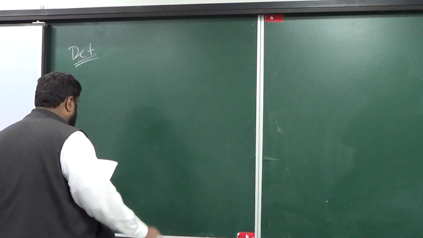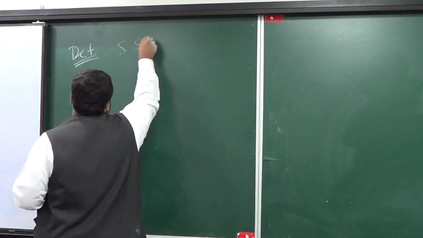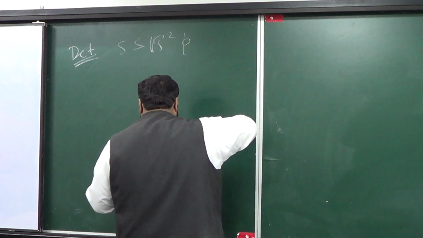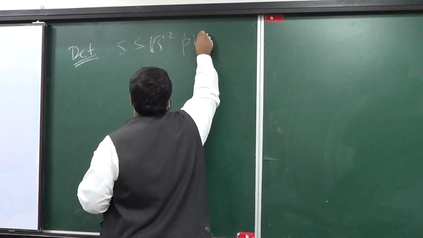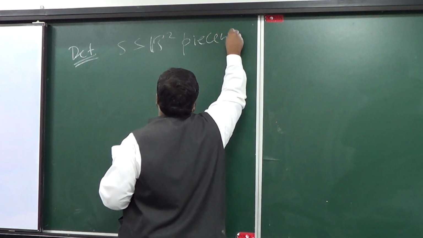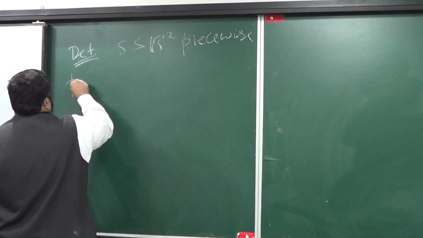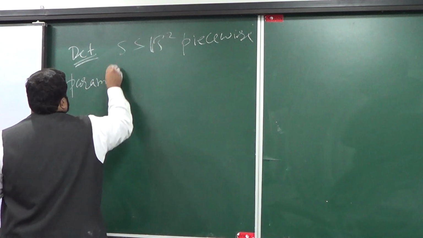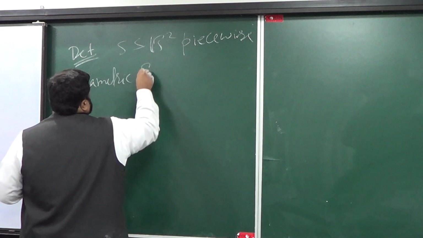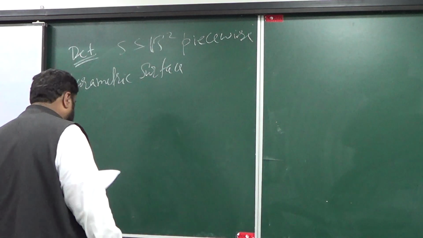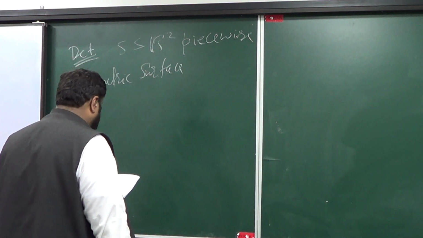So we're going to say that I have a subset S of R3 and it's a piecewise parametric surface.